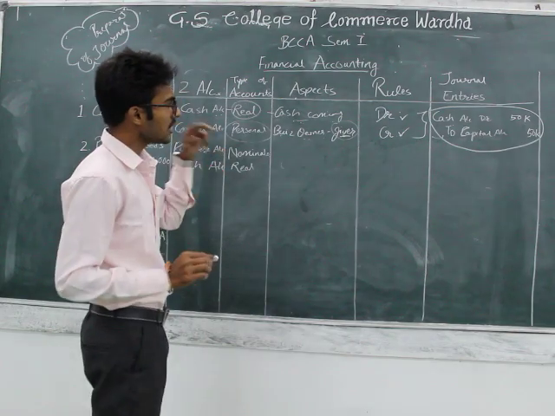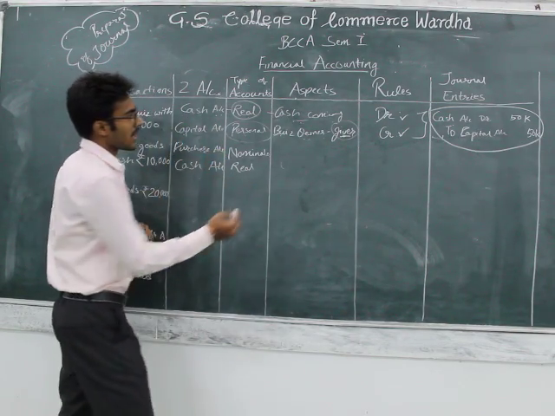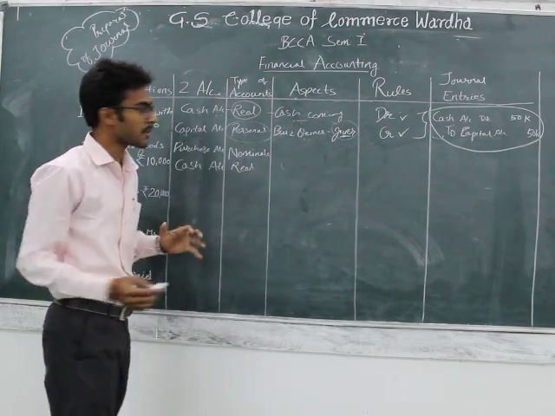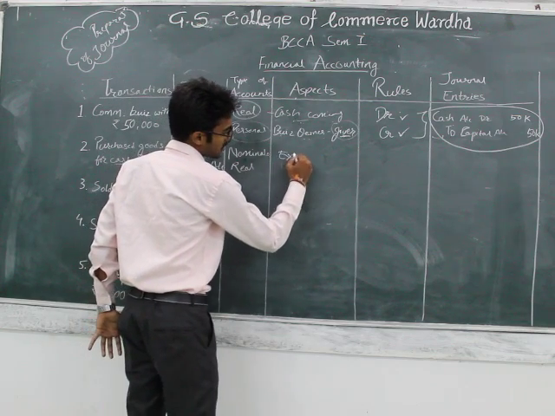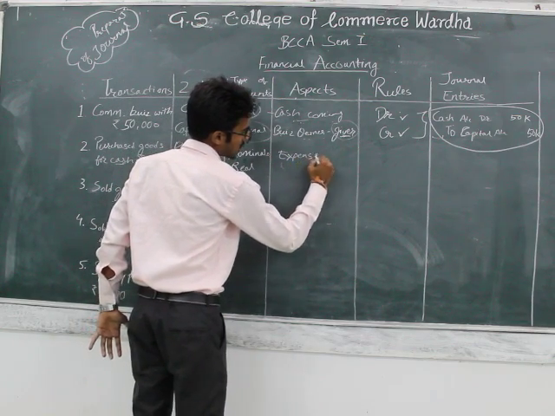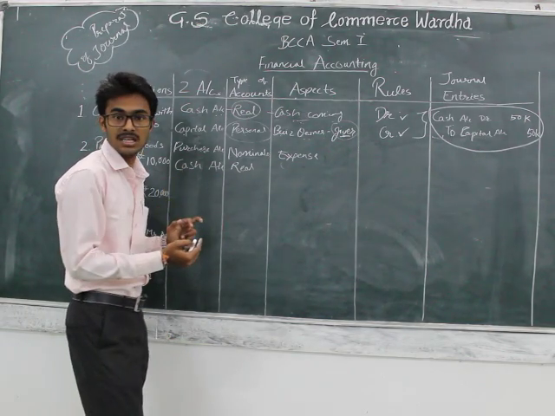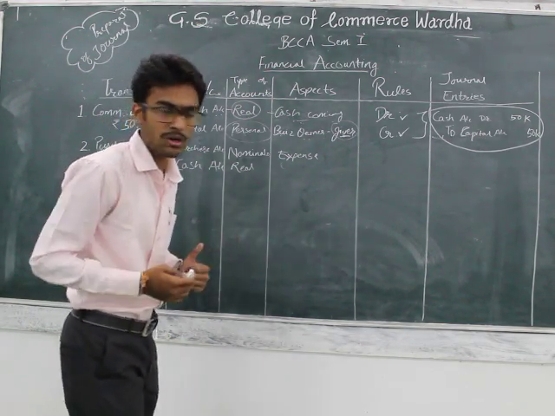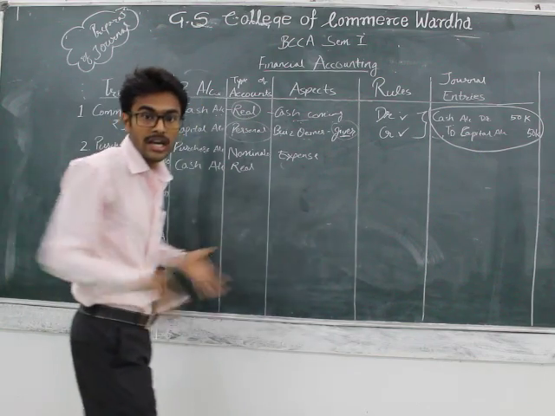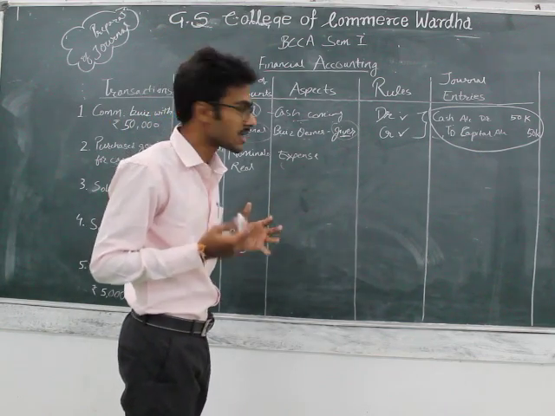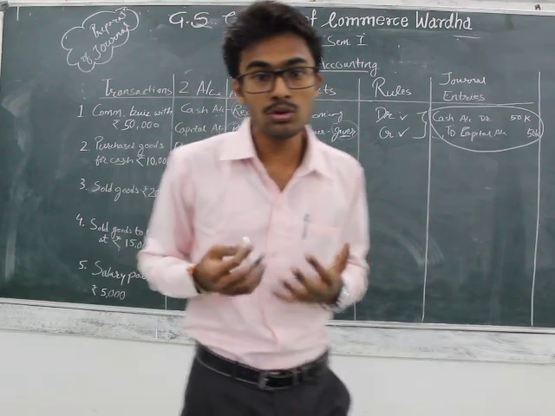That's why purchase is debited. Purchases are expense. And the real account, cash: is it coming in or going out? Cash is going out. Cash going out means we have paid some amount to someone.